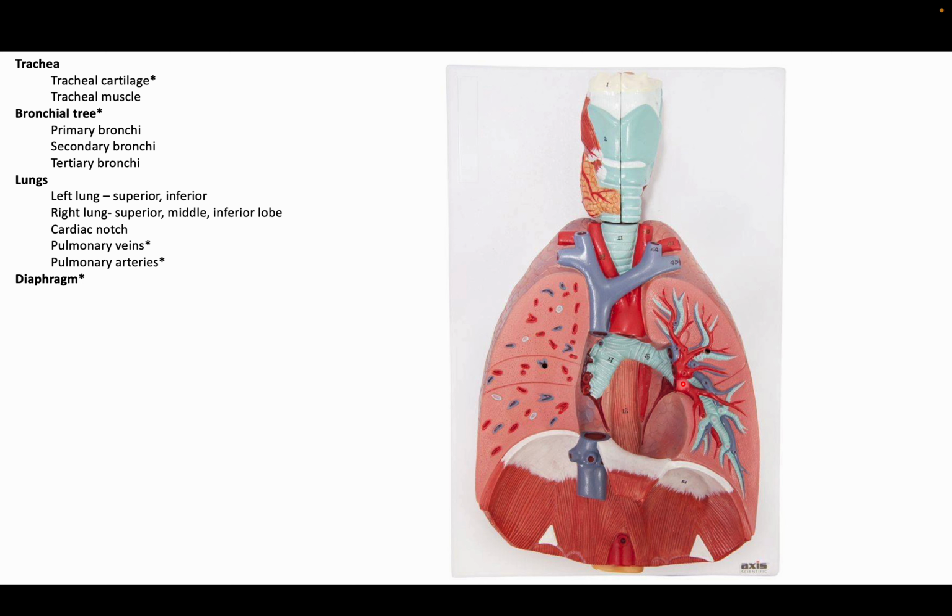So you see the pulmonary veins here, and then the darker blue, those represent the pulmonary artery, which is the vessel that takes oxygen-poor blood away from the heart to the lungs to get oxygenated. So that's a review from the circulatory system. And then of course we have the diaphragm right here. The diaphragm is a muscle that aids in breathing. And this concludes all the structures of the organs in our respiratory system.